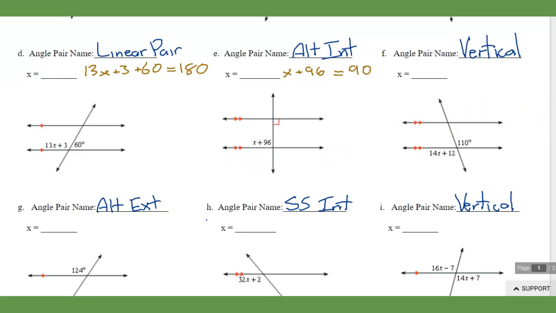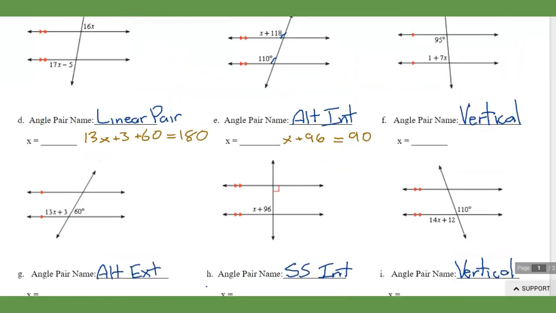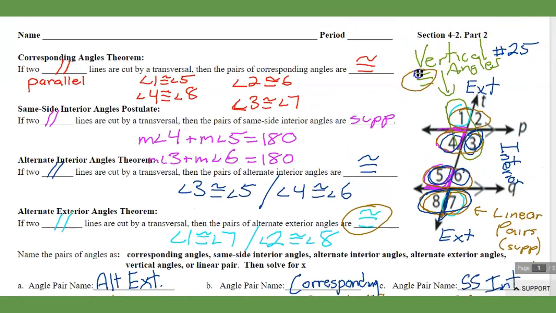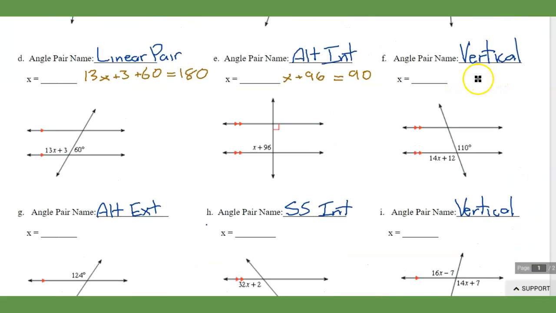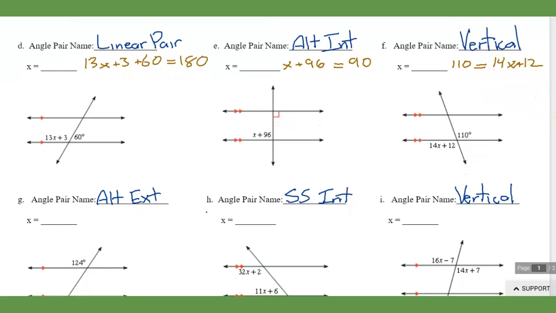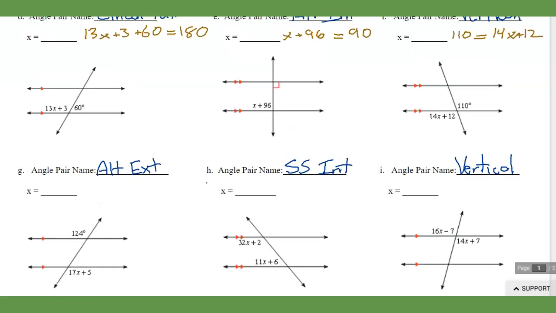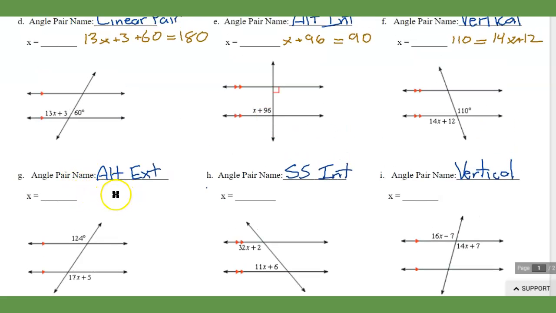Okay. All right, moving on. Vertical angles are congruent, right? So we got vertical angles here. So 110, 14x plus 12. Alternate exterior, also congruent. 124 congruent to or equal to 17x plus 5.